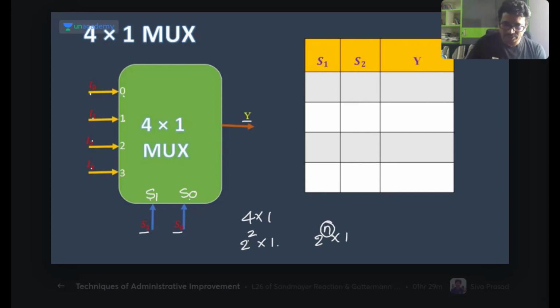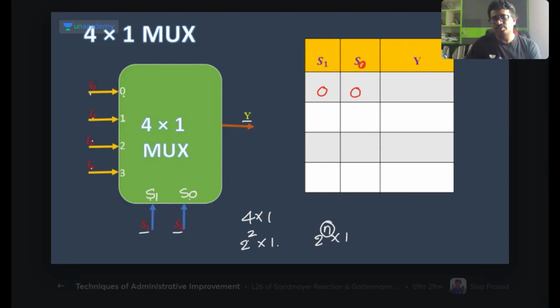Now you tell me how this operation works. Let us say this is S1 and this is S0. Do correct it. Let us say when both are 0, 0 is the input now.